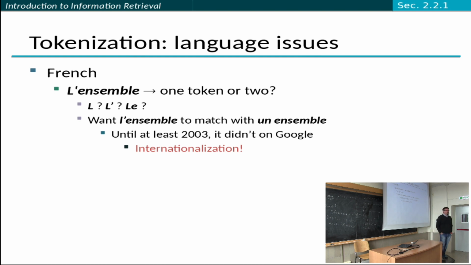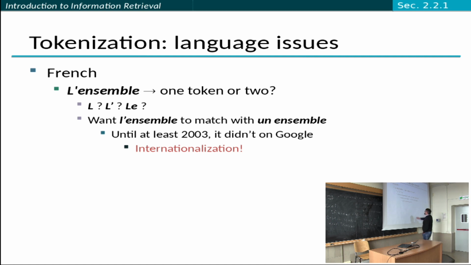A single token l'ensemble or two tokens, L and ensemble. Now, as an example, we want that l'ensemble should match with an ensemble. But as you see here, apparently, up to 2003, Google was not able to make this happen.